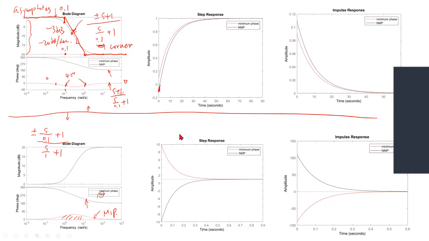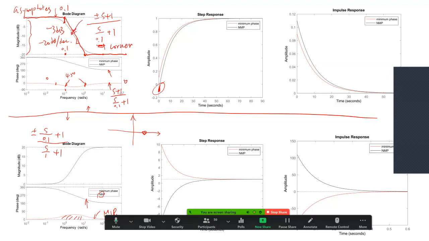So you should identify that. In the end, you are going to see that the reason a system is hard to control is this non-minimum phase. When you have a zero in here, although it's not going to affect my stability, it will make our control task much harder, okay?